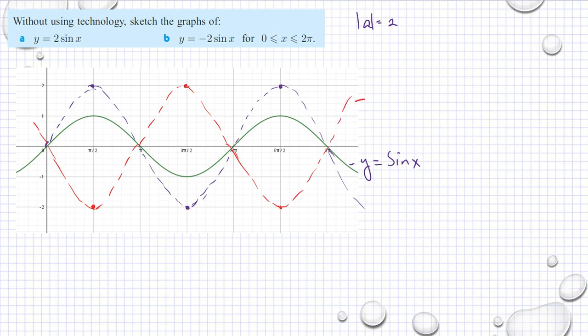So the red one now is y is equal to -2 sine x, and the blue one is y is equal to 2 sine x.